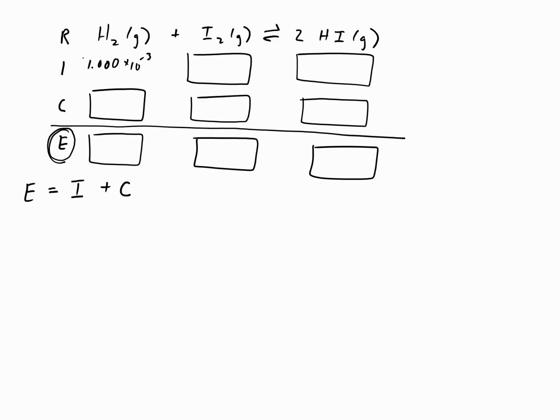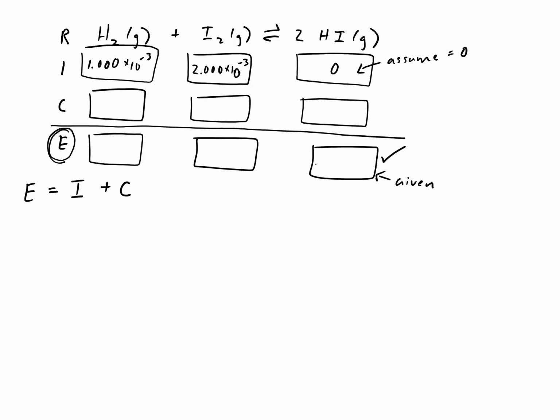This was given to be 2.000 times 10 to the negative third. This amount we're going to assume it was 0 initially. Then they didn't give us the change line, and they didn't give us these equilibrium amounts. But they did give us this.